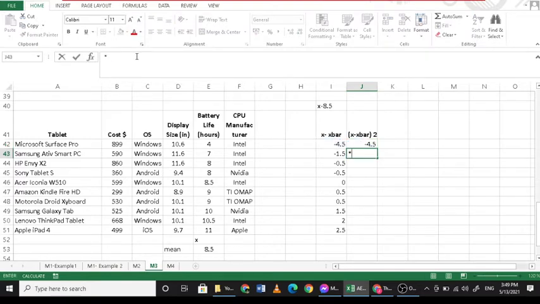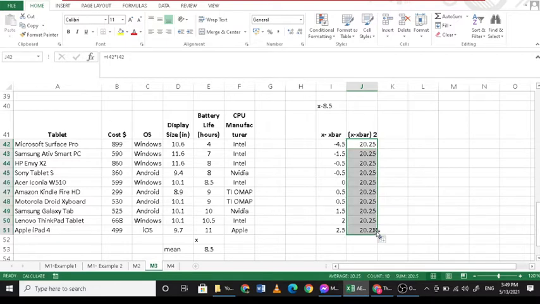You simply drag this down. Since the caret isn't working today, we simply use equal, but supposedly you multiply each value with itself.